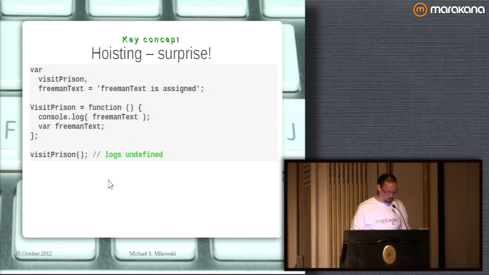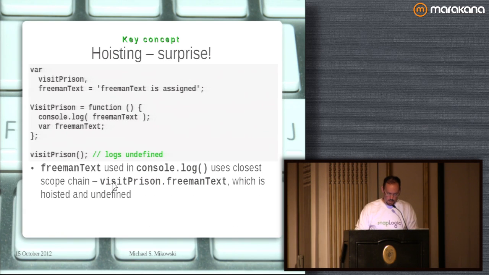And if you paid attention in the last example, or you're just a smart cookie, or you knew this before you came in here, you'll know that this declaration gets hoisted to the top of the internal function, and therefore, the declaration by default assigns undefined to the variable, so this console log is not going to provide us with freeman text as assigned.